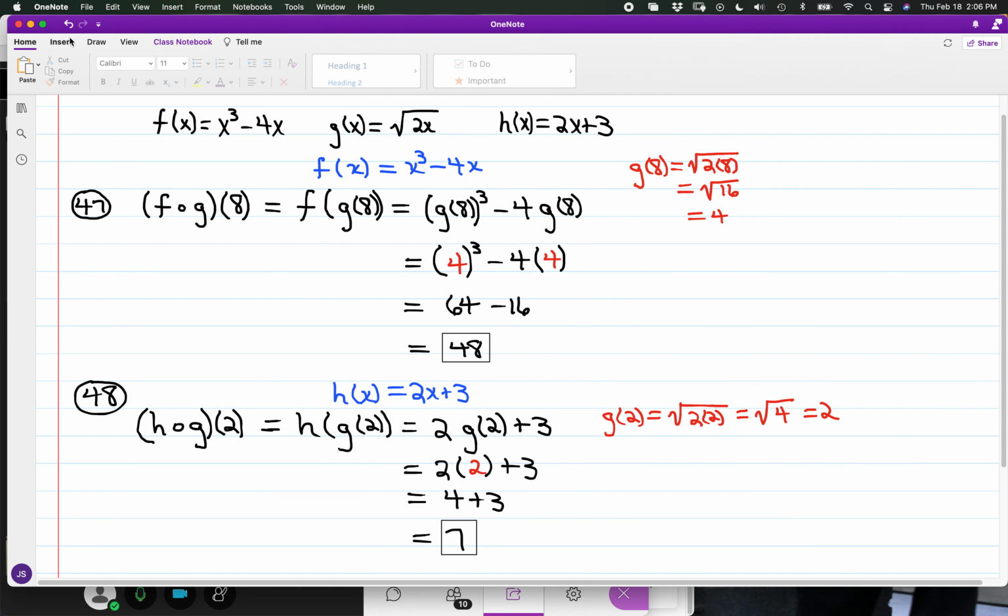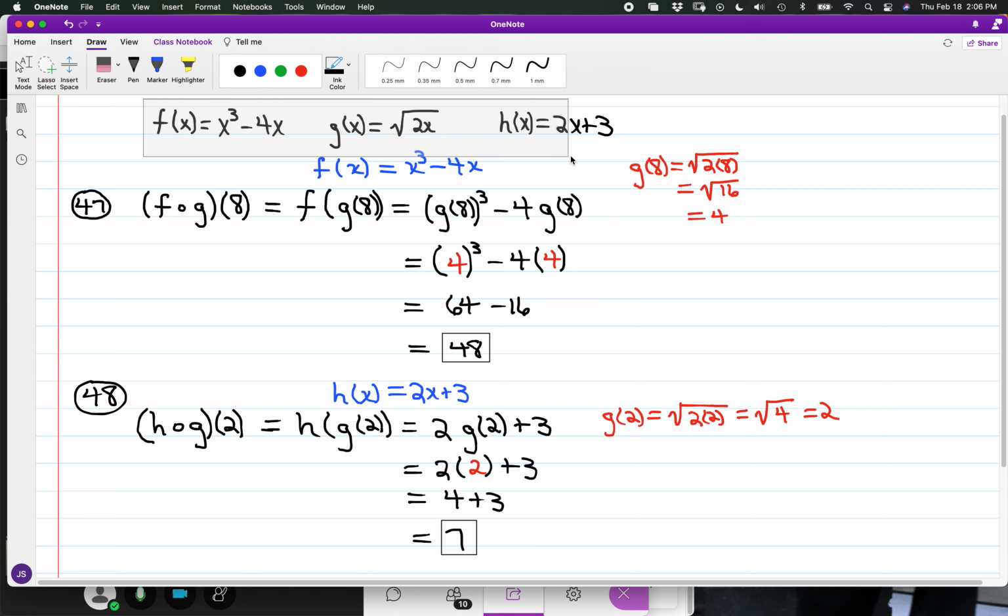In the next phase, we continue with our functions f of x, g of x, and h of x as they are assigned.